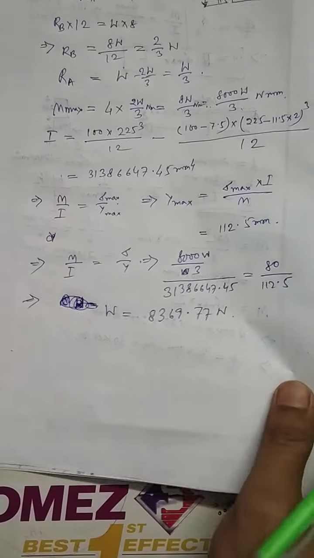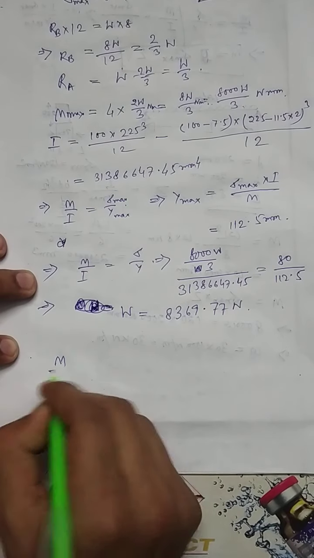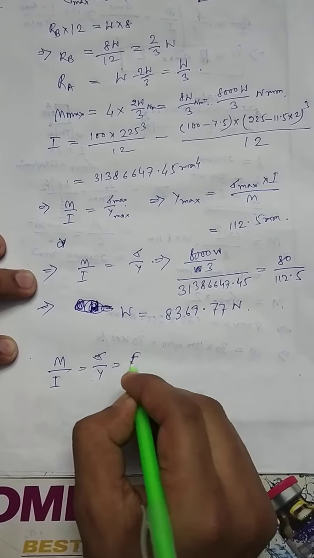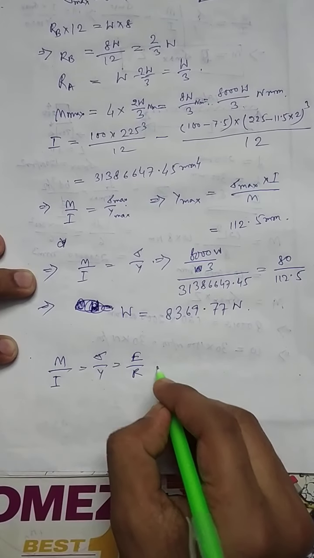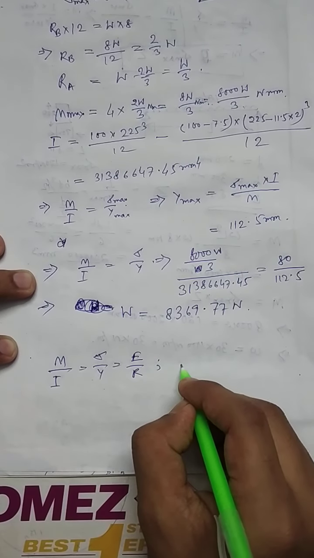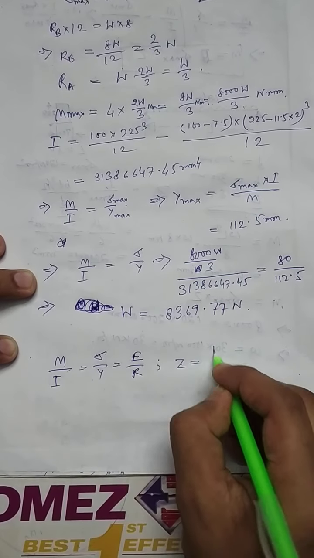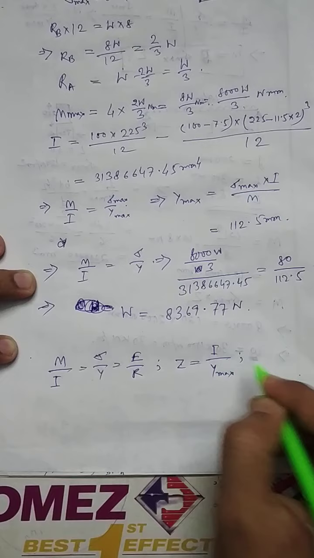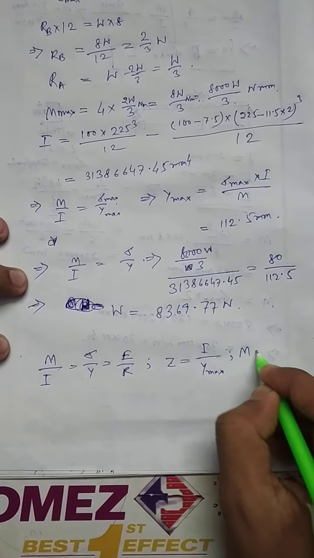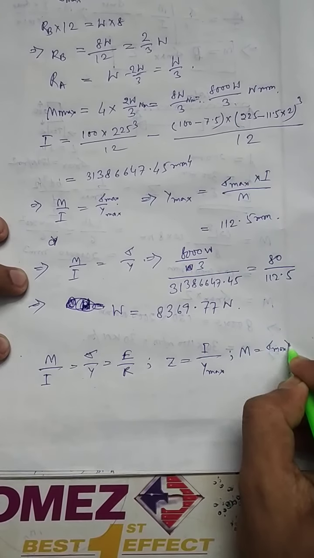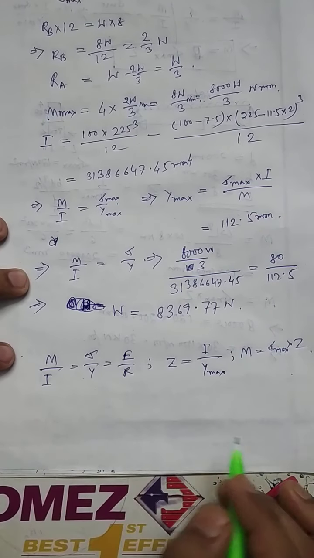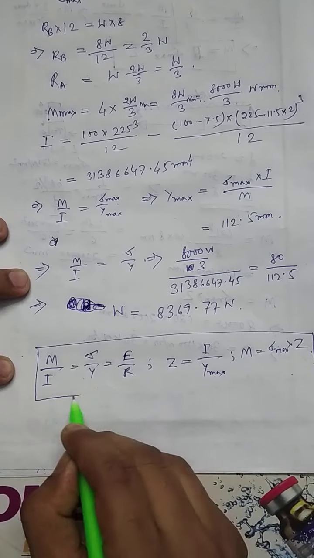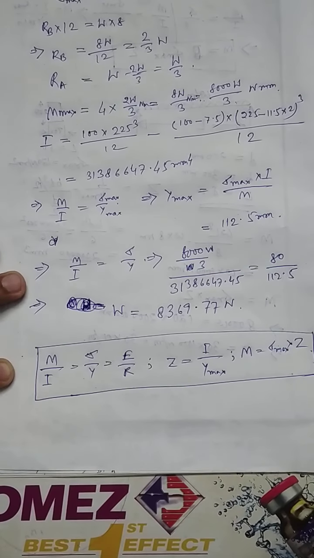So the major formulas required for this chapter are these: M by I equals sigma by Y equals E by R, Z equal to I by Y max, and M equal to sigma max into Z. Nothing else, only these formulas.